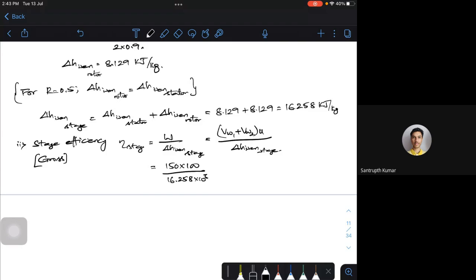So this will be your efficiency. 150 into 100 divided by 16.258 gives 92.26%. So I am getting a stage efficiency of 92.26%. This is your gross stage efficiency, or stage efficiency. Is that clear? We'll stop here.